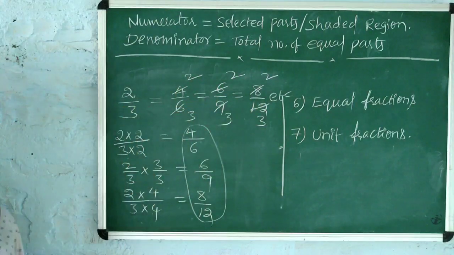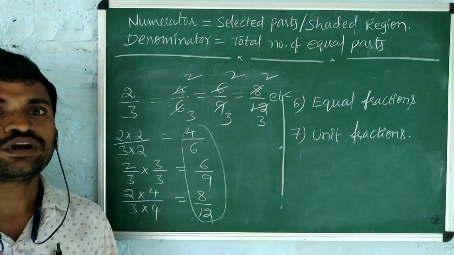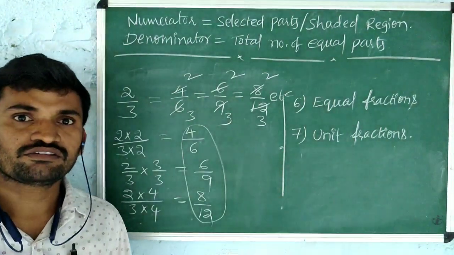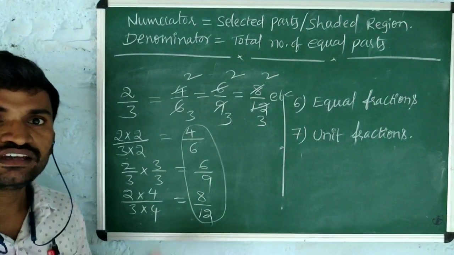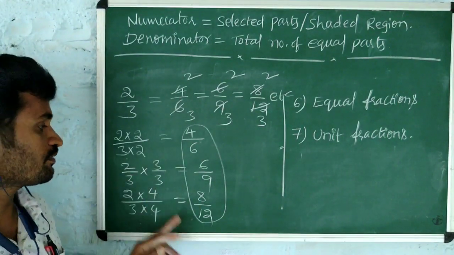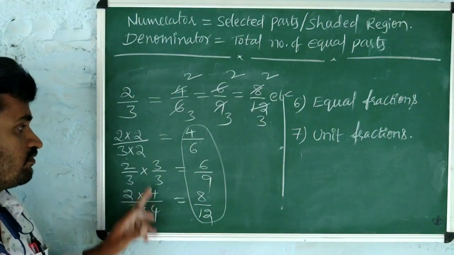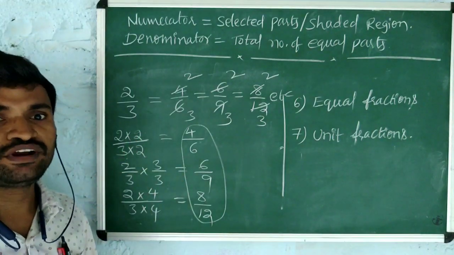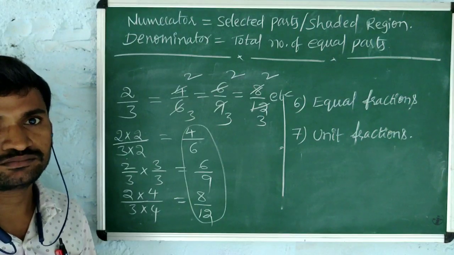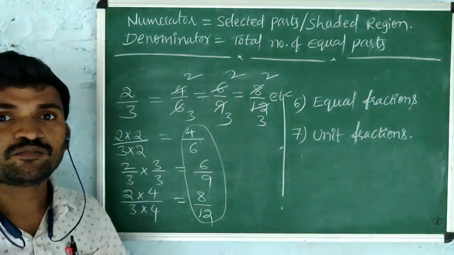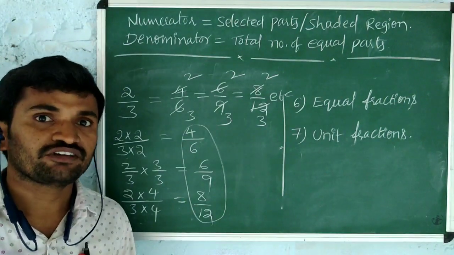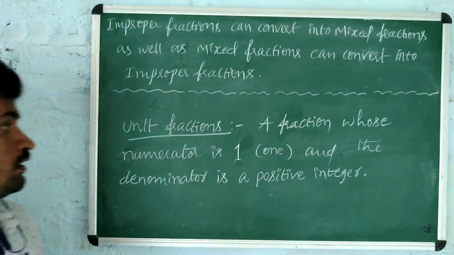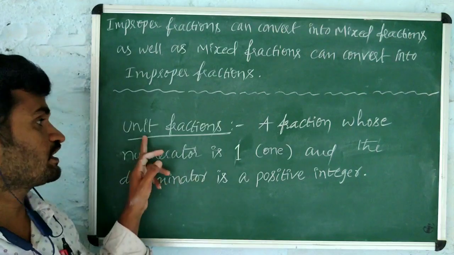This is the 2 by 3. What can we understand? To convert into equal fractions, we have to multiply both the numerator and denominator by the same number. Then we can write a number of equal fractions for a given number. Okay, understand?